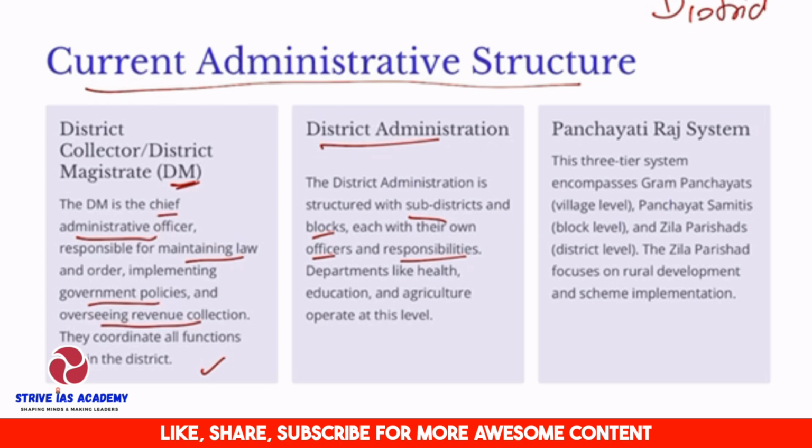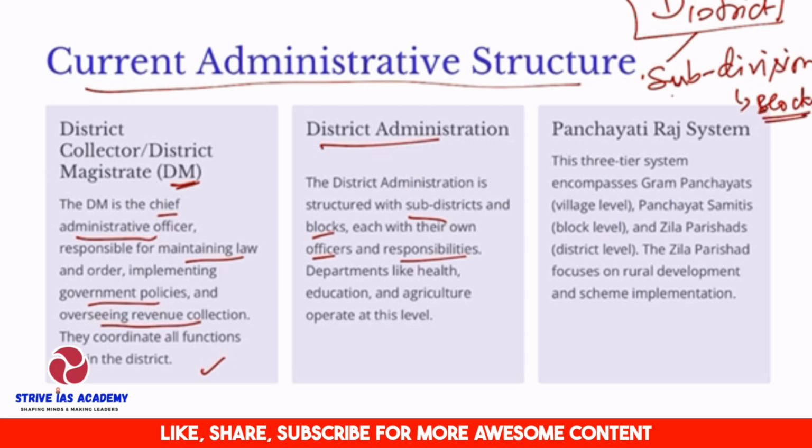A district is there, within a district there will be subdivisions, and within each subdivision there will be multiple blocks. So this is a uniform system of district governance that is taking place within the Indian Republic.